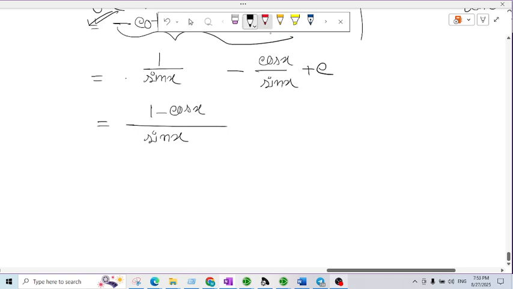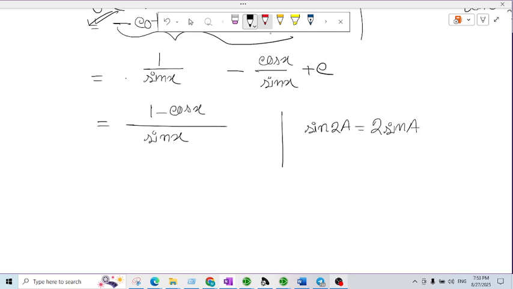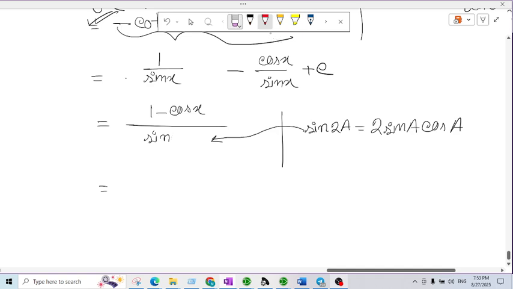We know that sin 2a is equal to 2 sin a cos a. We know this, right? So we have to apply this formula here. So we can write sin x is actually sin of 2 into x by 2, and if I apply this formula at the denominator, I will get 2 sin a cos a.